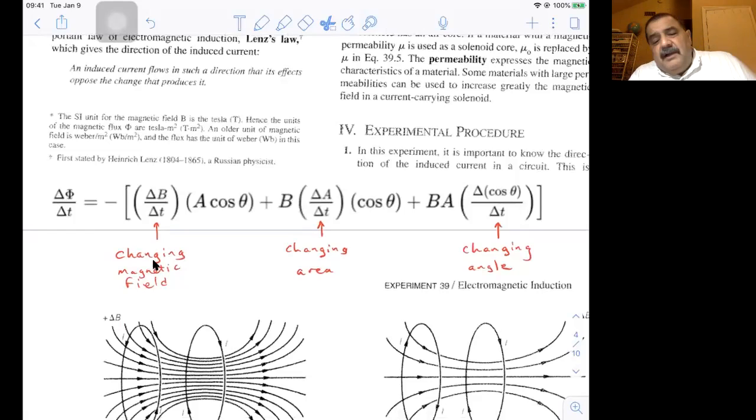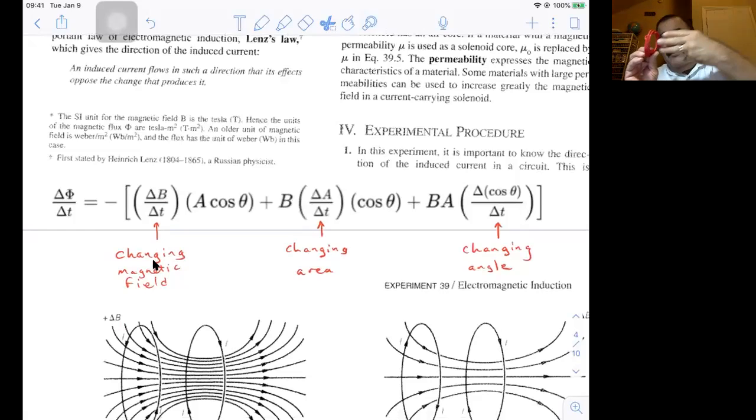You can have a changing area. If you were to take your coil and somehow change the area, somehow collapse it or deform it, you would have a changing area. Or you can have a changing angle.